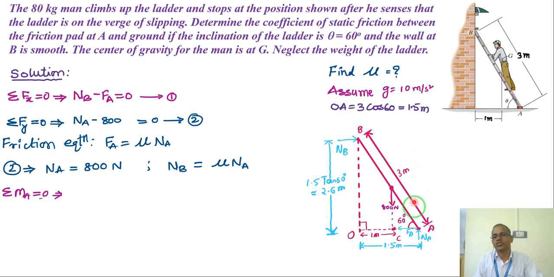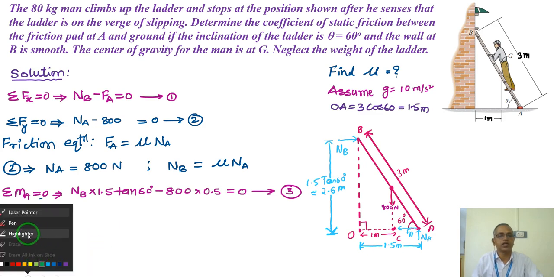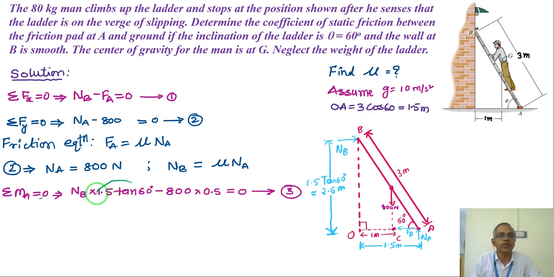NB into this distance is also equal to this distance, right? So since I know this length, diagonal and angle, I can use sin theta, or since I know this 1.5 and angle, I can use tan theta, 1.5 tan 60, which is 2.6. So NB into 2.6, or 1.5 tan 60. This entire thing I can write as 2.6.